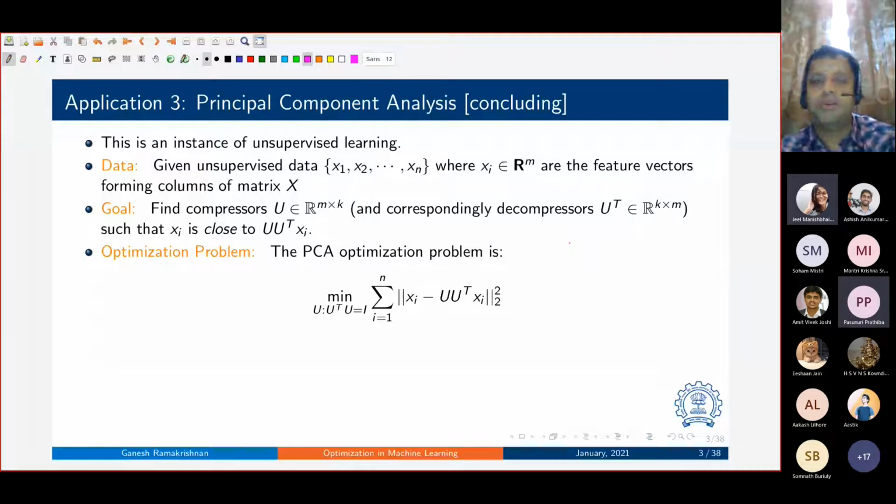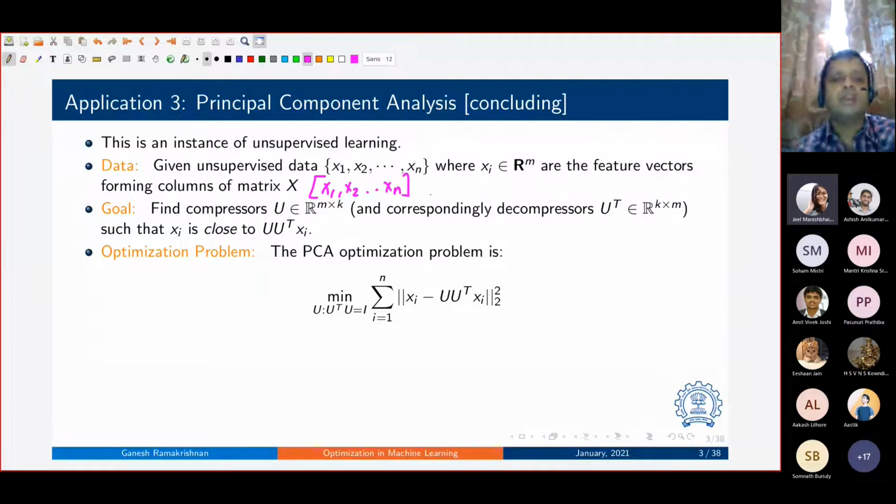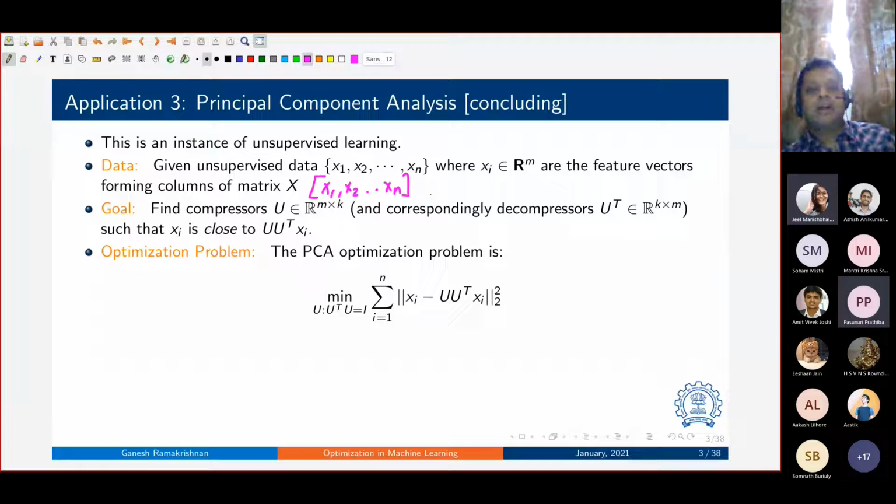So recap: we talked about the principal component analysis problem, where given unsupervised data x1, x2, up to xn forming the columns of a matrix X. Each of them is a column vector. You're trying to compress it using U, and you're trying to decompress it.